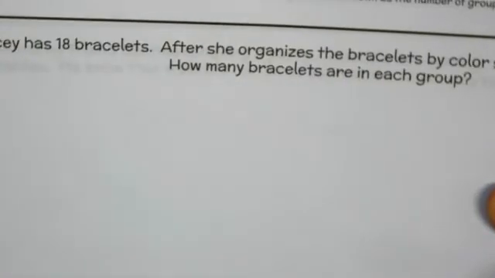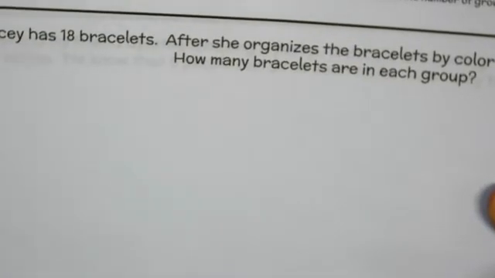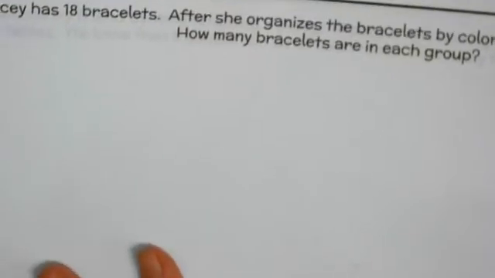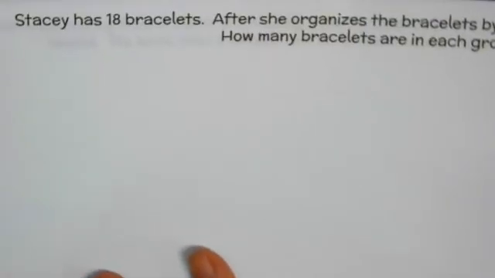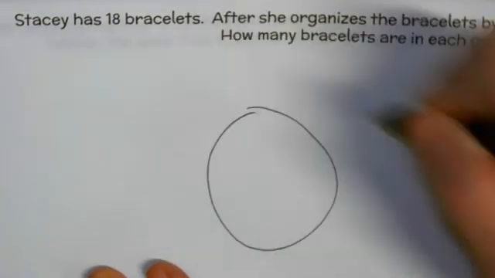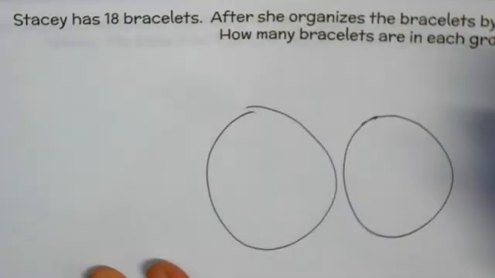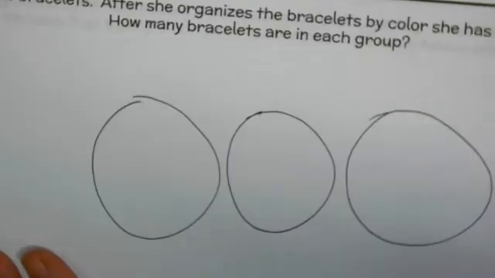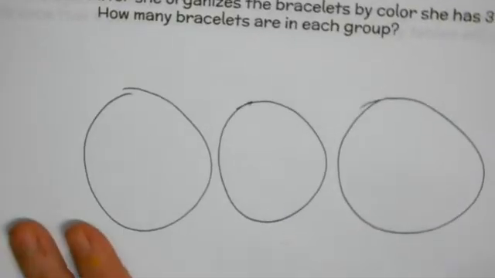So she starts with 18 bracelets and she has 3 equal groups. So I'm going to use the fair share strategy here. I know there are 3 groups. And I know that there are 18 bracelets.